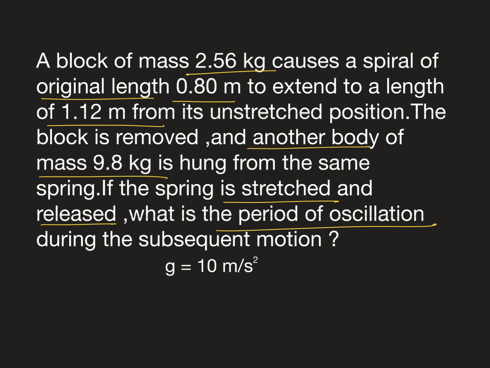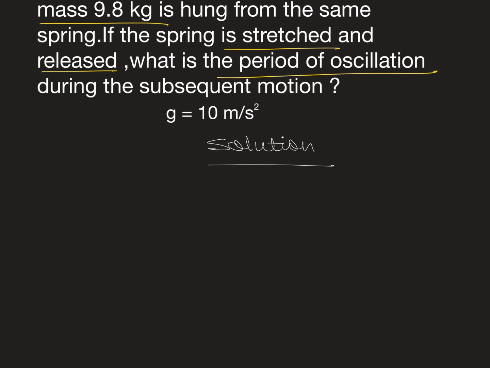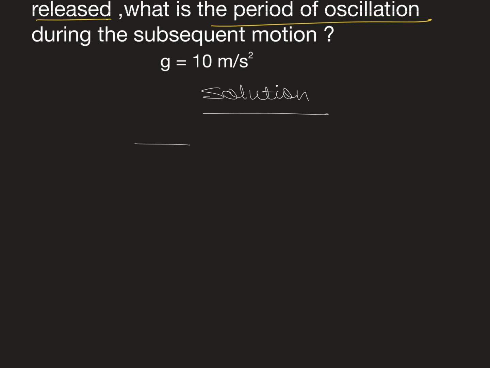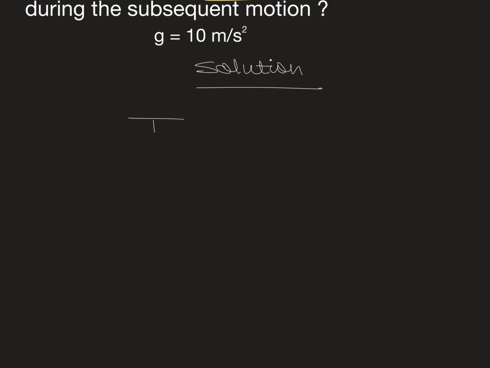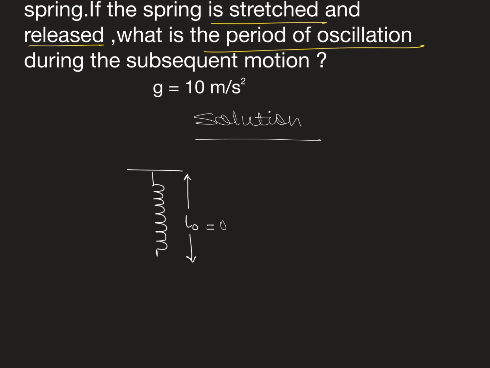So let's try to break down this information that we have here. Solution. We have a spring mass system here. Let's say this is the spring. The original length L0 of the spring is given as 0.80 meters.